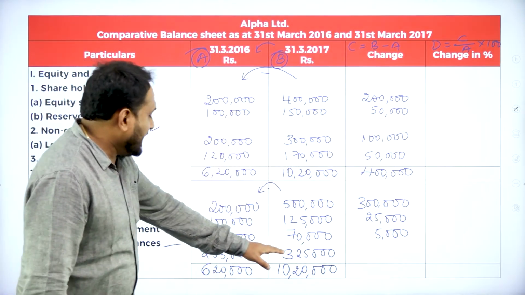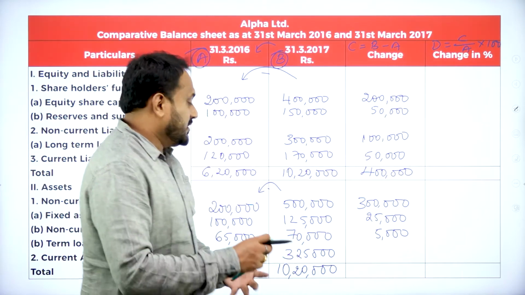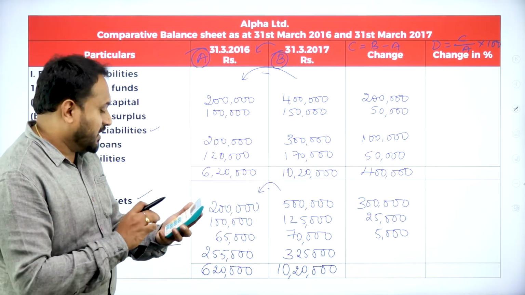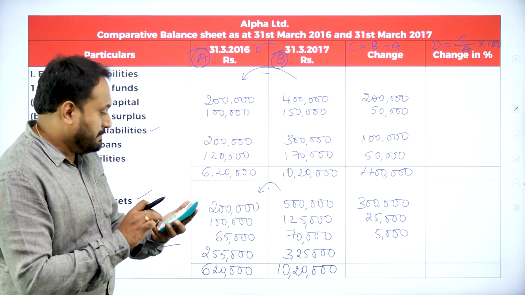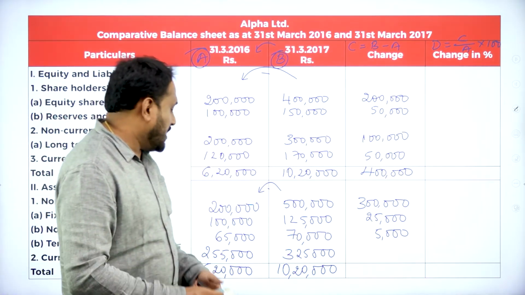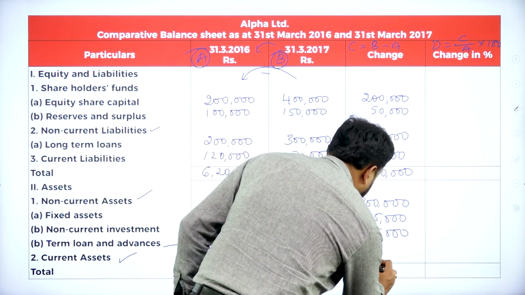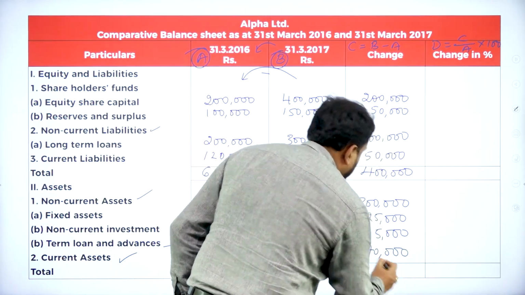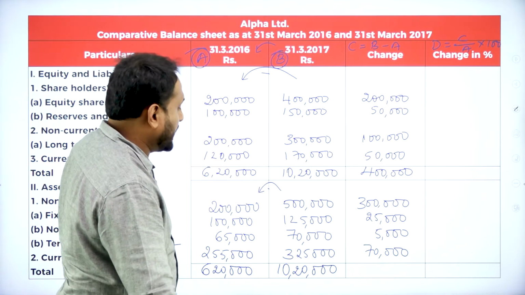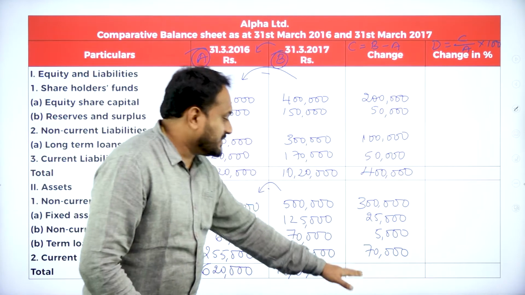Next here, 3 lakh 25 and 2 lakh 55. Don't take stress here. 3 lakh 25 minus 255 is equal to 70. So we got 70,000. We'll write here 70,000. If you add everything here, what do you get? 4 lakh, the same thing here also.